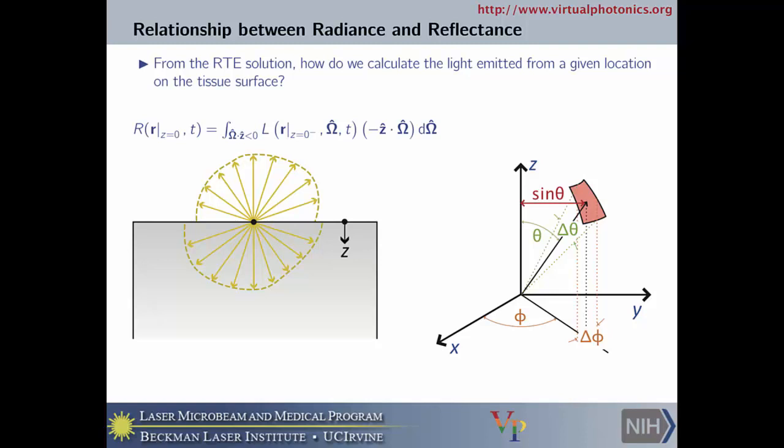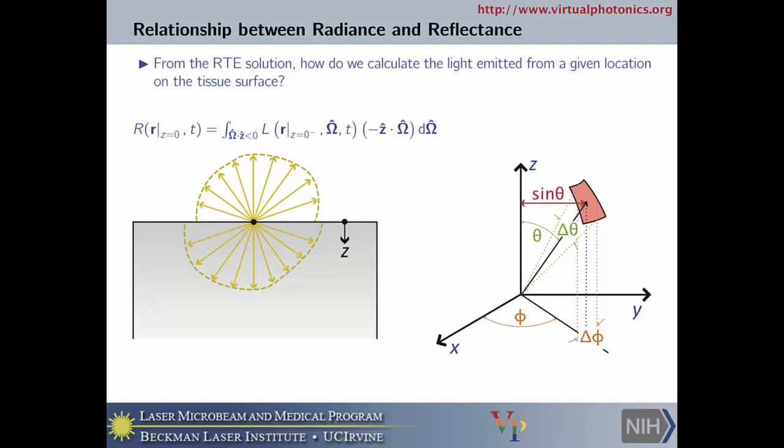So if you take the dot product of this arrow with the inward pointing normal vector, you're going to get a negative because the vertical component of this direction is actually pointing outwards. Okay?